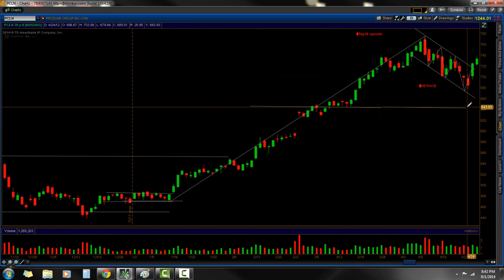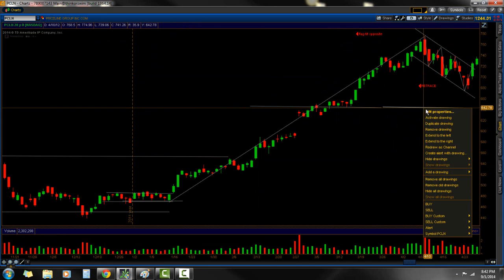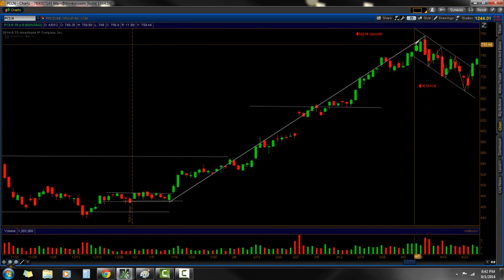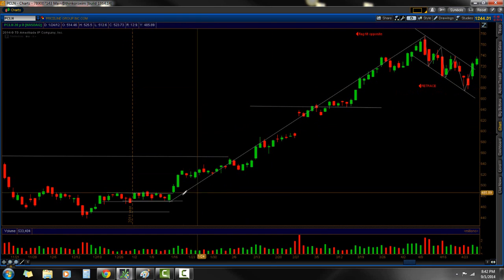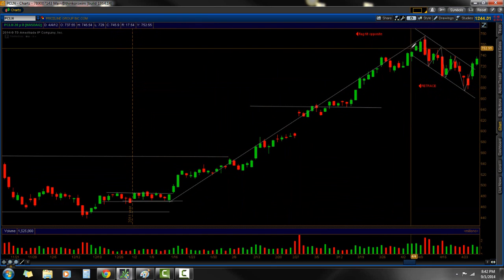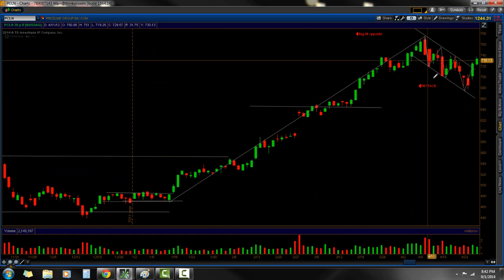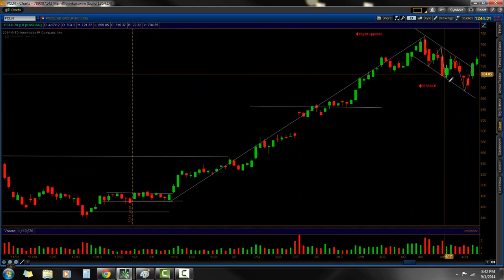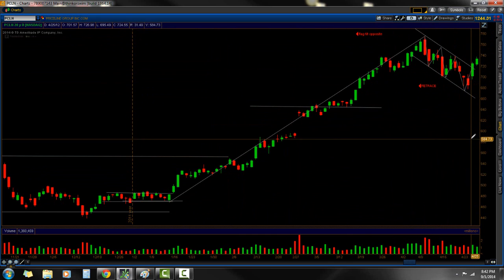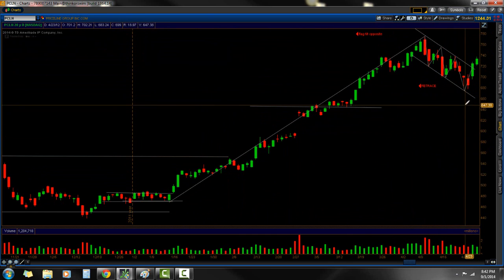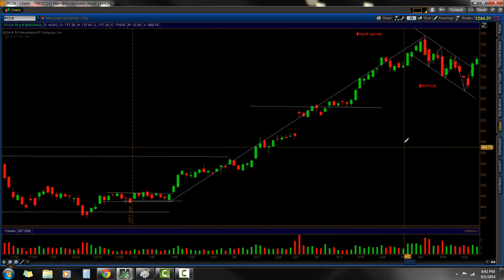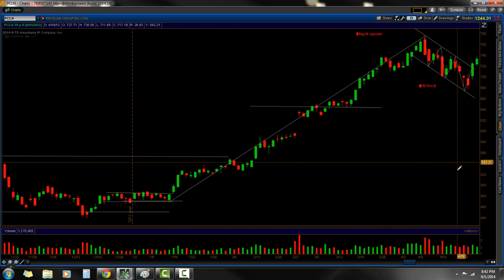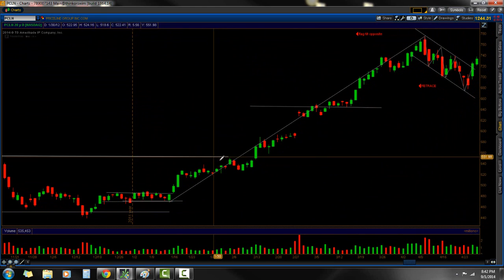Just to make themselves feel good about themselves. But they're pulling price down because they feel that this is so extended, they got to get the price to go down. Whether it's profit taking, whether it's scared bears being shaken out, whatever it is, this is going down. And we would think that it's going way down, like all the way back down to here.